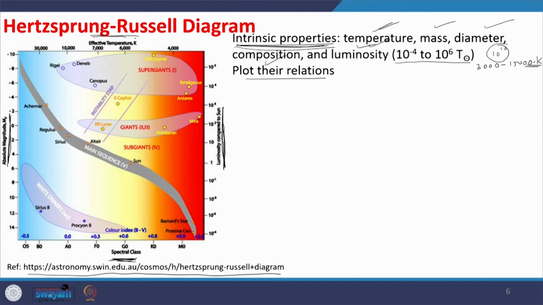Fine. When these people plotted these relations, and independent studies were done way back in 1912, nuclear reactions and all those things were not very clear by that time. Simply the data of stars were available, like what is its temperature, what is its color, what is its mass, what is its density.